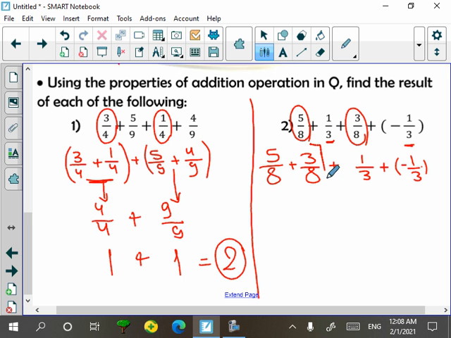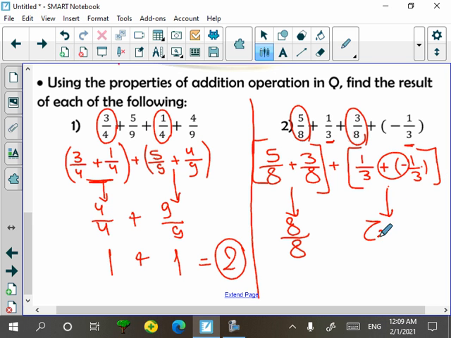If we add 5/8 + 3/8, it will be 8/8. And if we add 1/3 to negative 1/3 here, it will be equal to 0, then 8/8 equals 1, plus 0 equals 1. Okay, then the answer will be equal to 1.